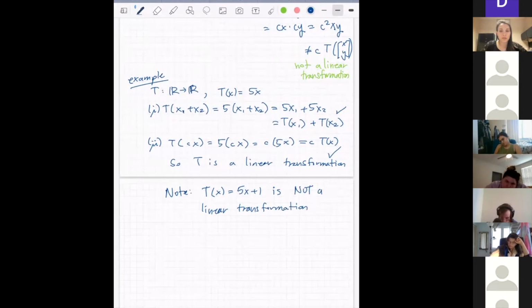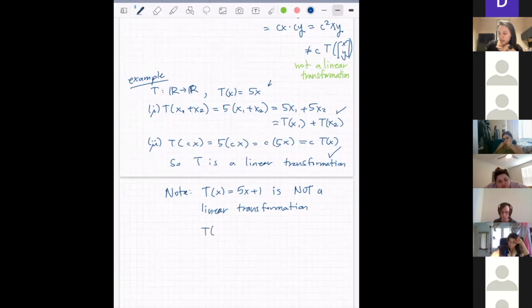Okay, so the key is that here we did not have something plus a constant, right? We just had that scalar times x. If we add this plus 1, it does screw things up.